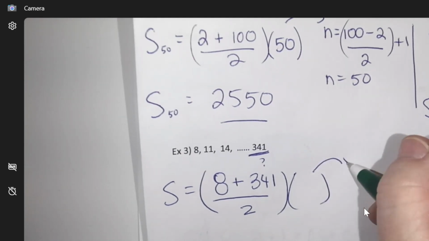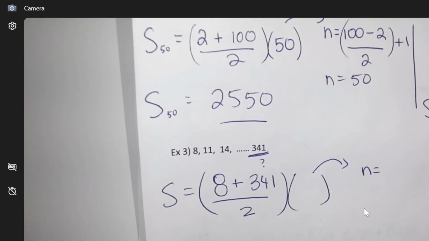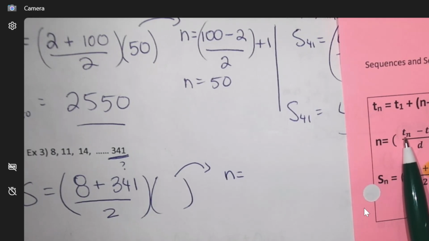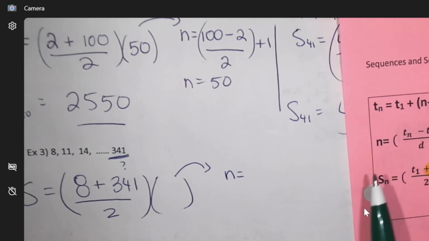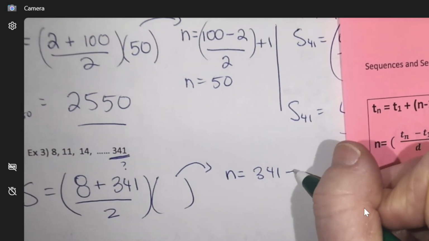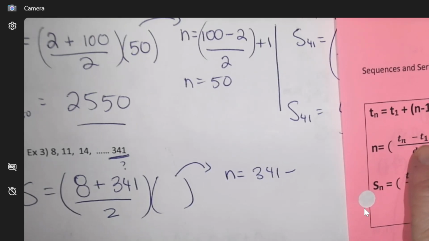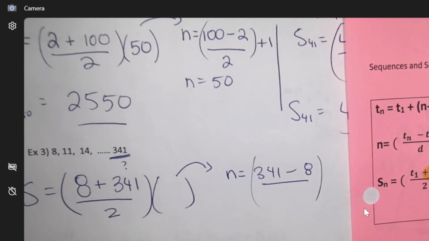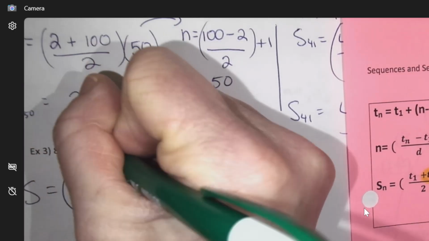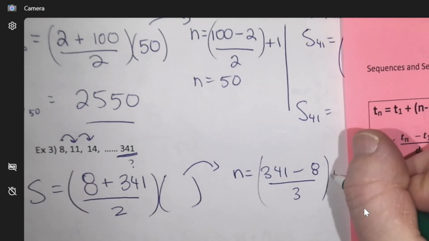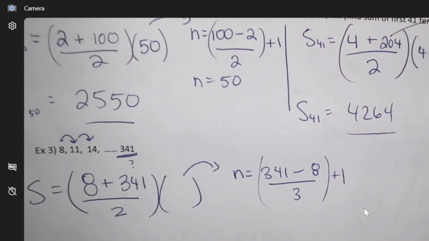Okay, so n equals, so here we go, there's a formula to tell me. The term n, which is the last term, so the term in that position is 341. Subtract the first term, so 8, divided by, what's the pattern difference? What's the movement? 3, positive 3. Okay, so I need you to calculate how many terms.